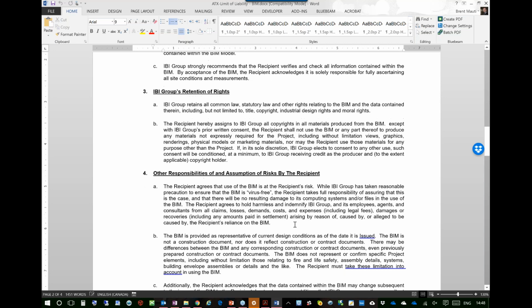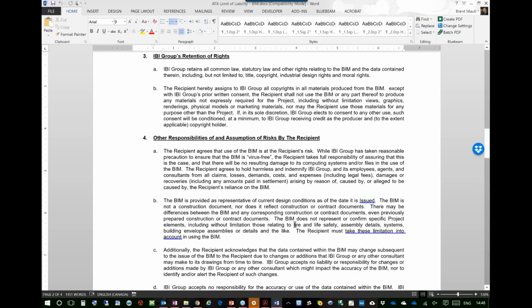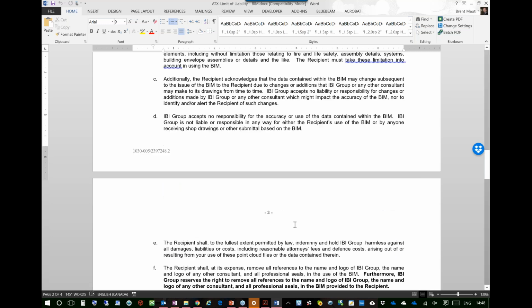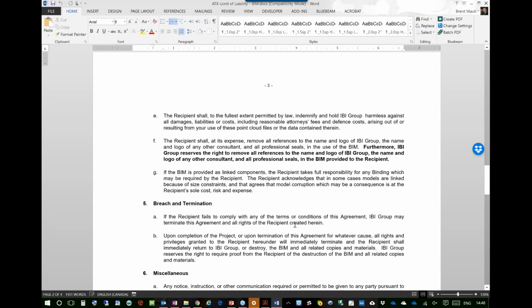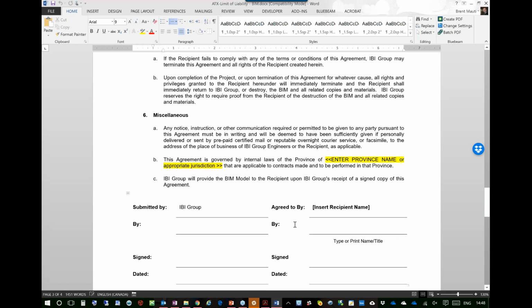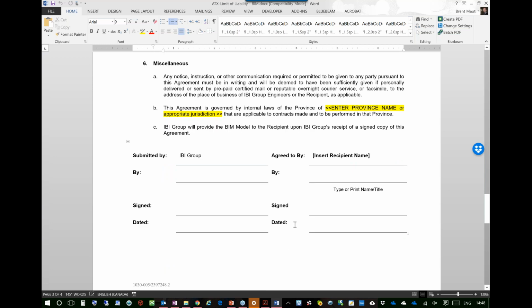We retain all the rights for our model because it's a static snapshot of our thing. Do whatever you want with it. Our model at this static snapshot is still our model. And the recipient assumes all the rights, all the risks, to do whatever they want with the model itself. And then if they breach the terms, there are some consequences.